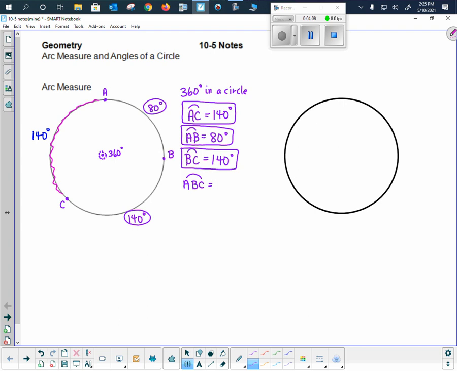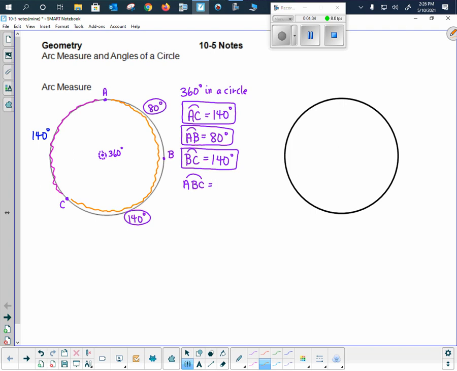However, arc ABC, I'll change colors again. ABC says go from A to C, but you have no choice but to travel through B first. That would be going this direction. And it would be on the circle all the way around. So there's the difference.